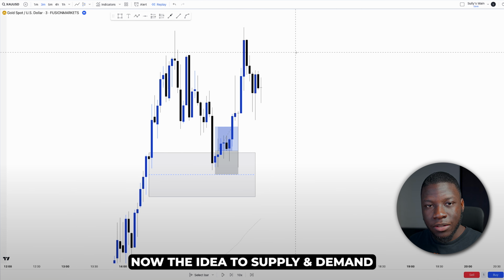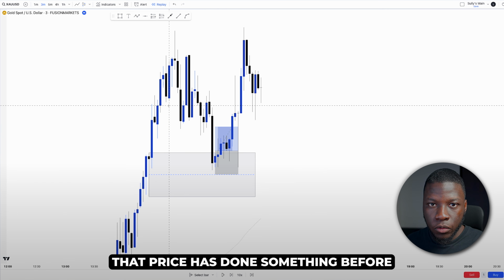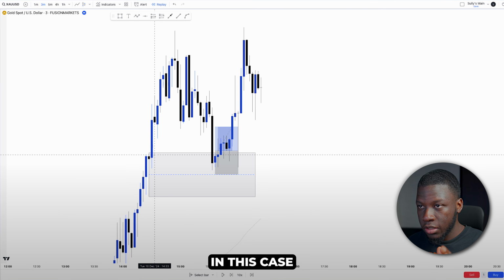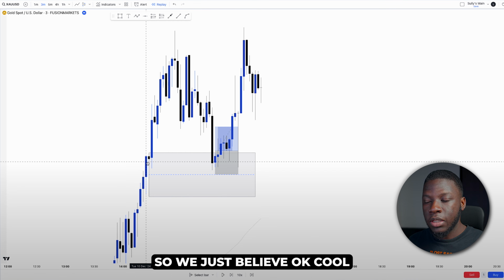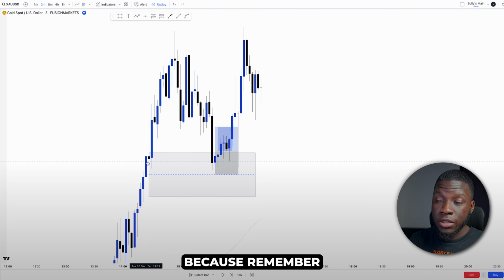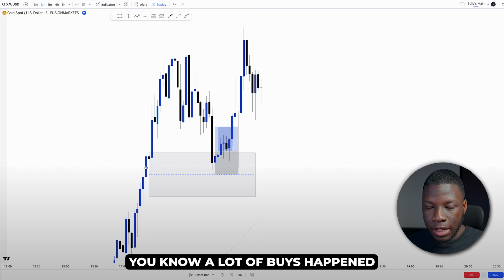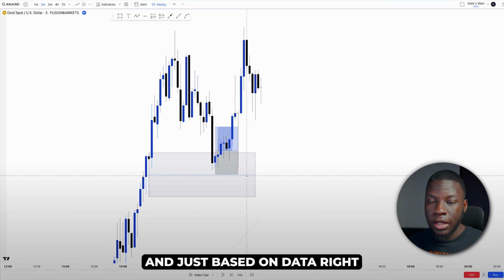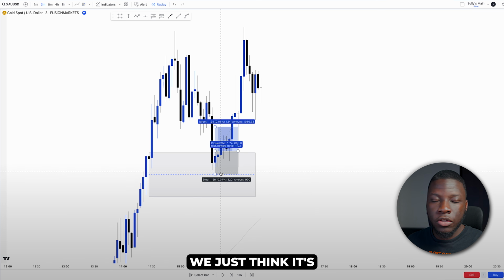Now, the idea of supply and demand is basically that price has done something before, so we have an idea that they're going to do it again. For example, in this case, price shot up aggressively at this area right here. So we just believe, okay, cool, if they did that before, because remember, it takes a lot of money to move the market, a lot of buys happen for this to go up aggressively like this. So we want them to come back in, and based on data, the fact that it happened before, we think it's going to go back up again.